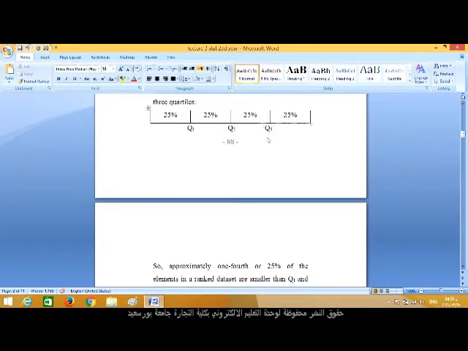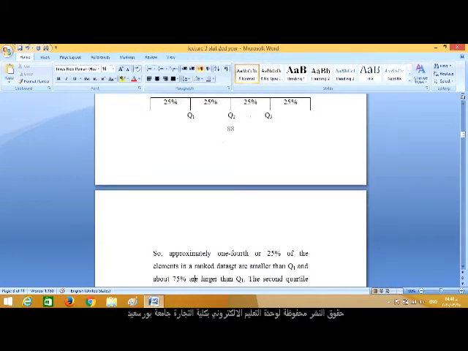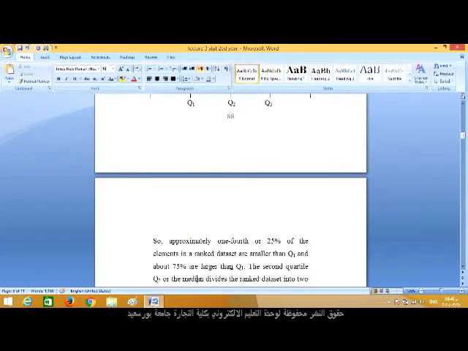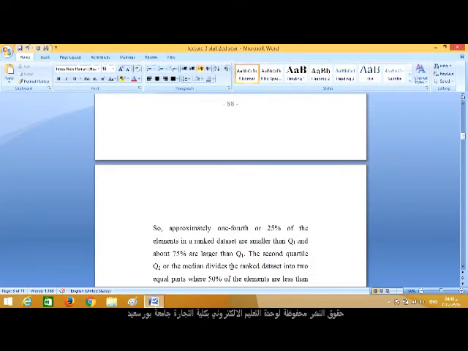And also Q3 is the measure of position located in the middle of the data set which are larger than the median, or Q2, right? Okay, so approximately 1/4 or 25% of the elements in a ranked data set are smaller than Q1, and about 75% are larger than Q1.